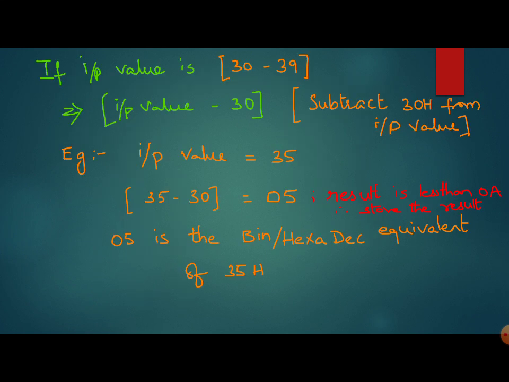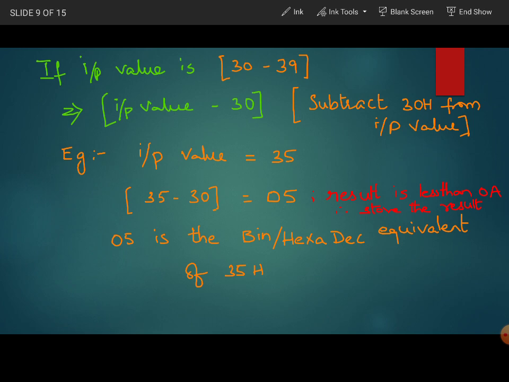If the input value is between 30 to 39, we simply subtract 30 from the input value. Take an example. If the input value is 35, what do we do?